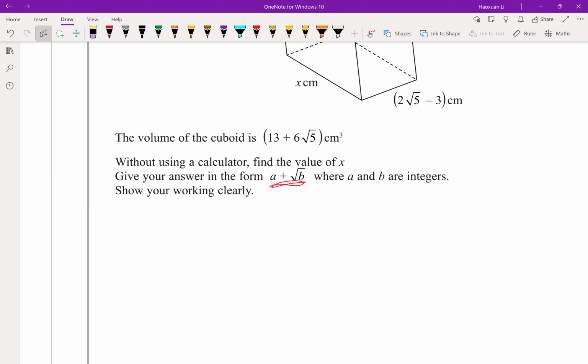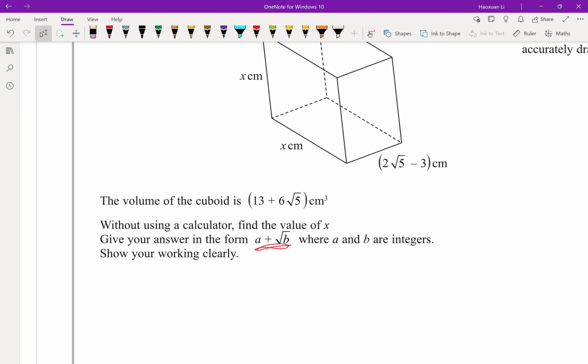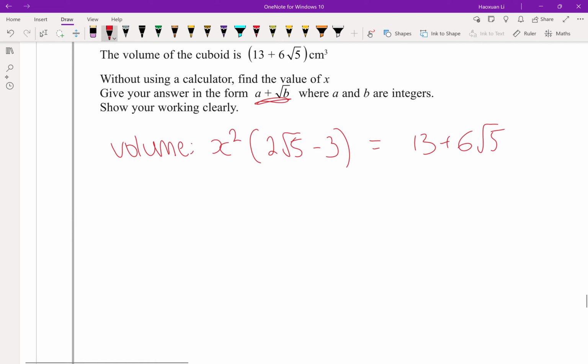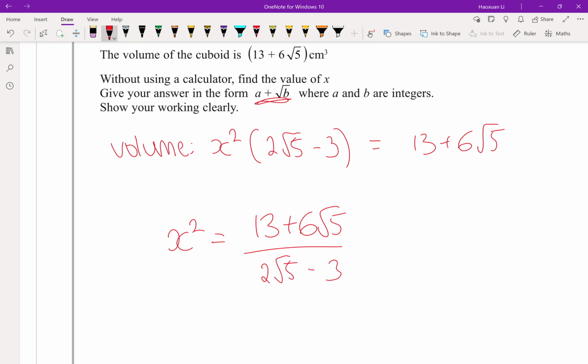Show your working clearly. So the volume of a cuboid would simply be all of the sides multiplied. So x squared is equal to 13 plus 6 square root of 5 divided by 2 square root of 5 minus 3.